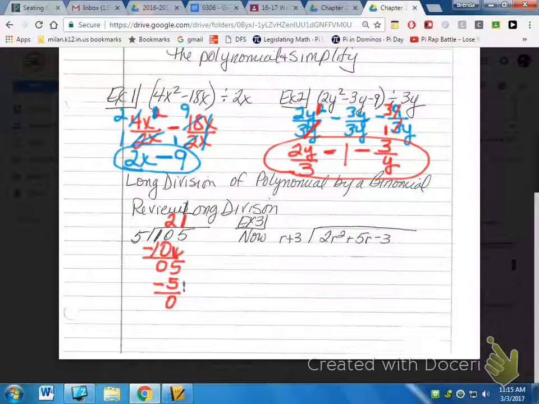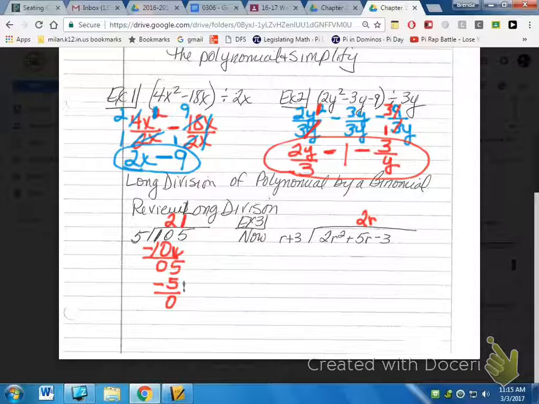So that means above the r column, you write 2r above that second term. Now, when we wrote the 2 above the 10, didn't we take 2 times 5? So we got to take 2r times r plus 3. Are you ready? What's 2r times r, Olivia?